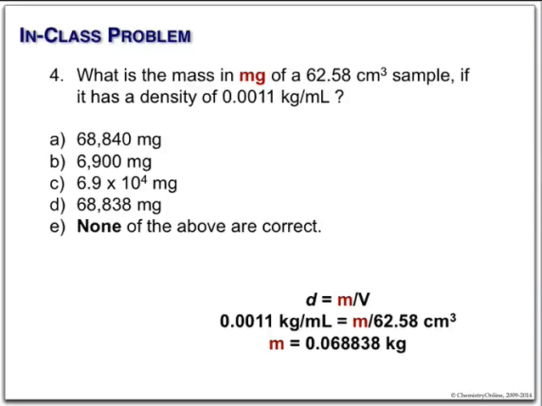Now the simple way to do this in your head is to say, okay, well, there are 1,000 grams in every kilogram. So if we have 0.068 kilograms, all we have to do is move our decimal over 3 places, and that will give us grams.